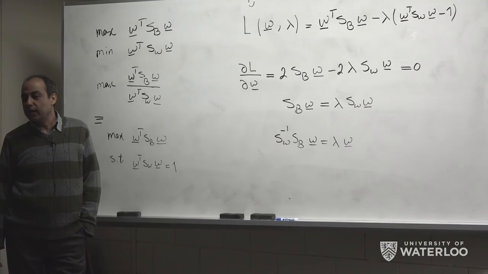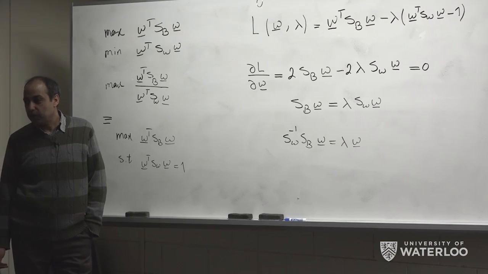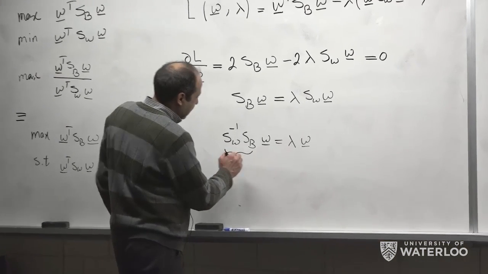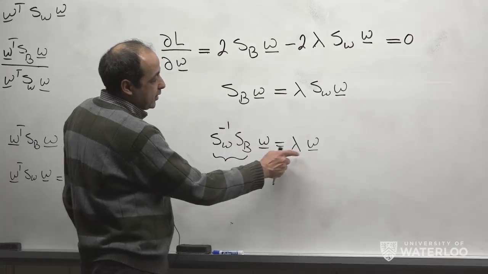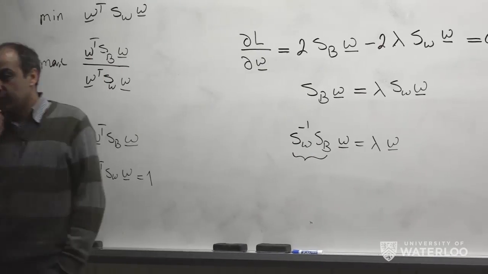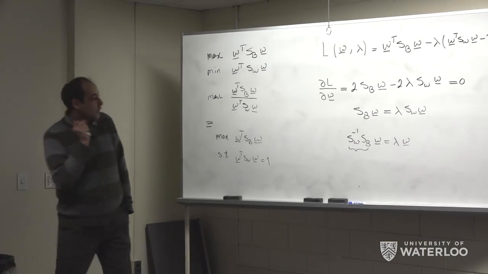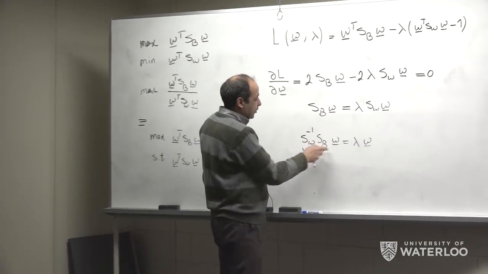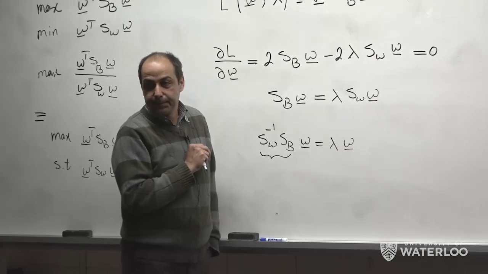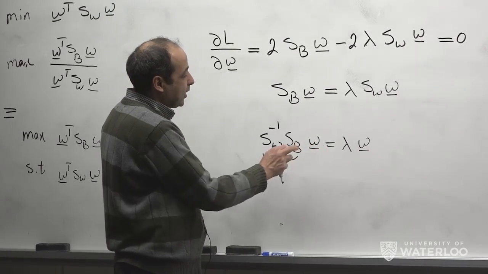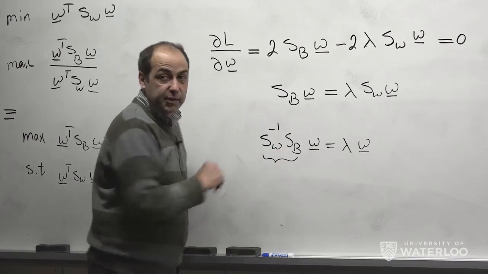Clearly, this is an eigenvector problem, right? Because this is a matrix, and a matrix times a vector is a scalar times the same vector. So W would be an eigenvector of SW inverse SB, and lambda would be the eigenvalue.